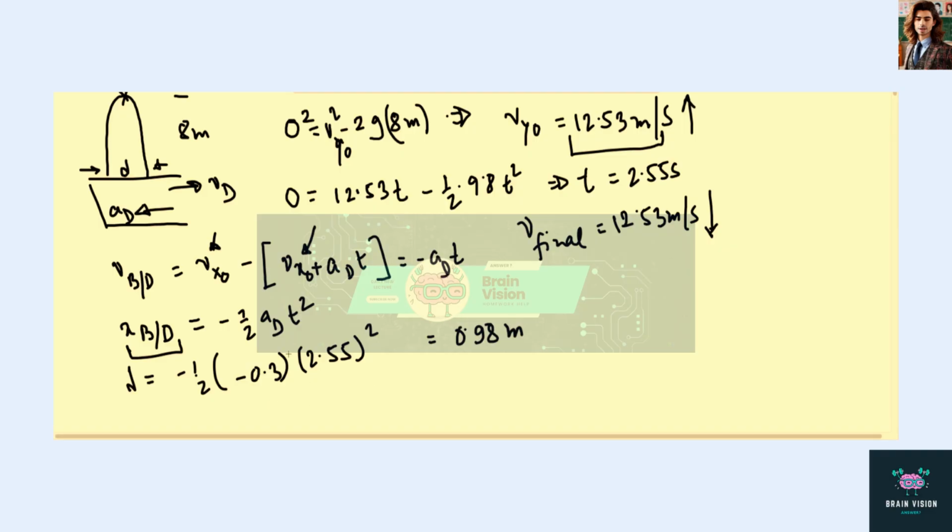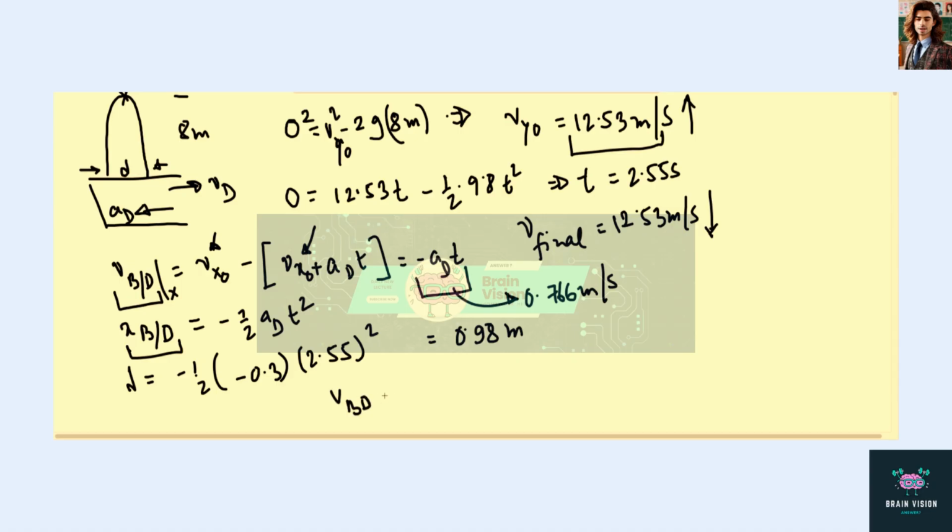Now, VBD in the x direction is negative adt, so that will give us 0.766 meter per second in the horizontal direction.